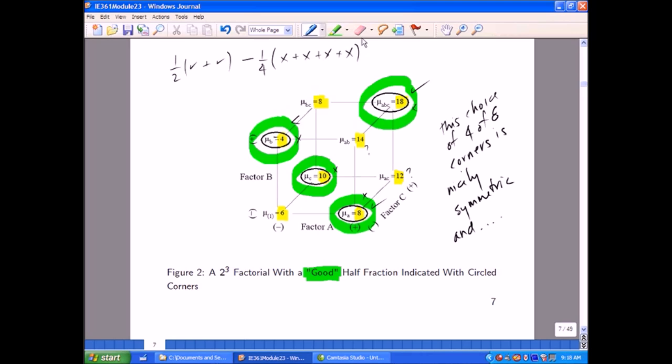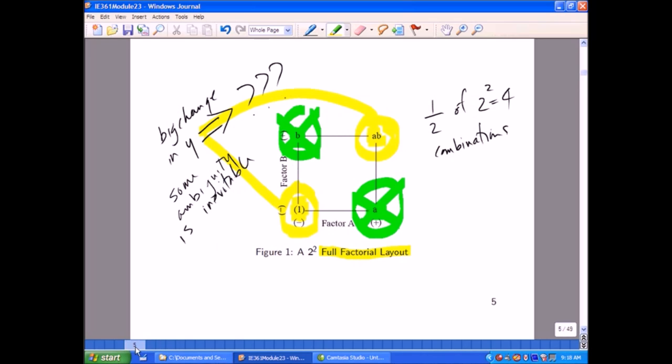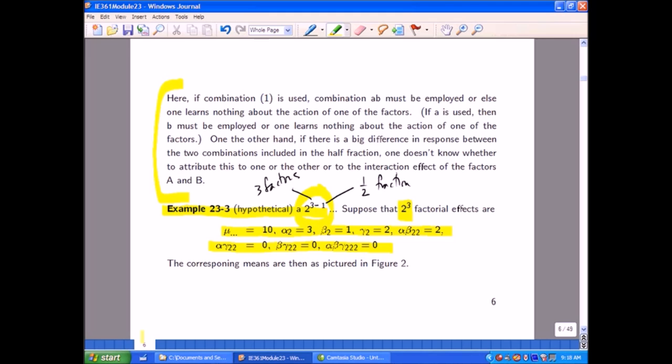That is, as a way to get at an A main effect, I'd say to myself that the real main effect is a right face average minus a grand average. I've set this up so that this value for the A main effect is 3.